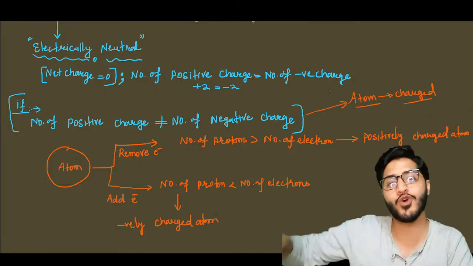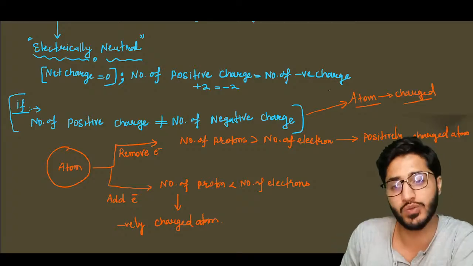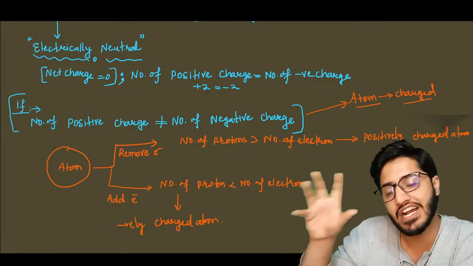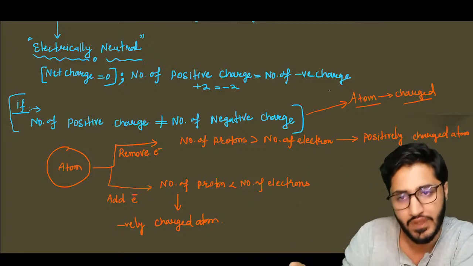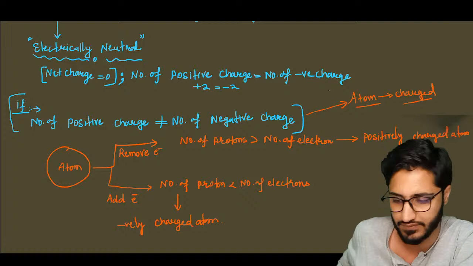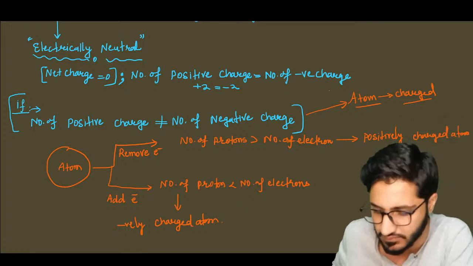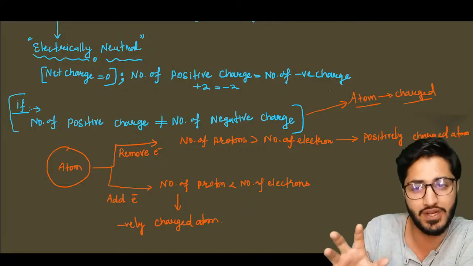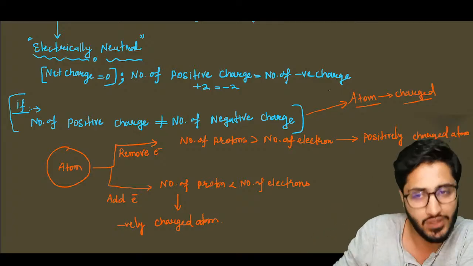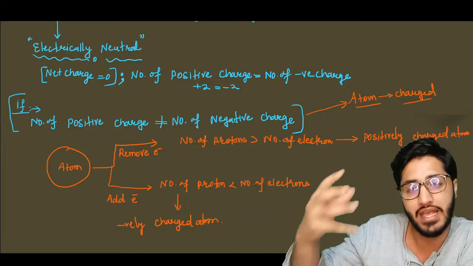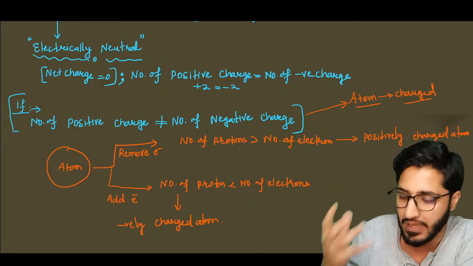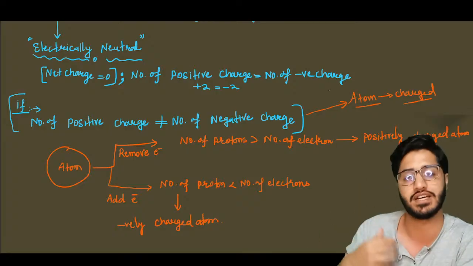So from this whole thing, we come to know how we can make an electrically neutral atom into a charged atom. Done? So by these examples, we conclude how we can make a body positively charged and how we can make a body negatively charged.